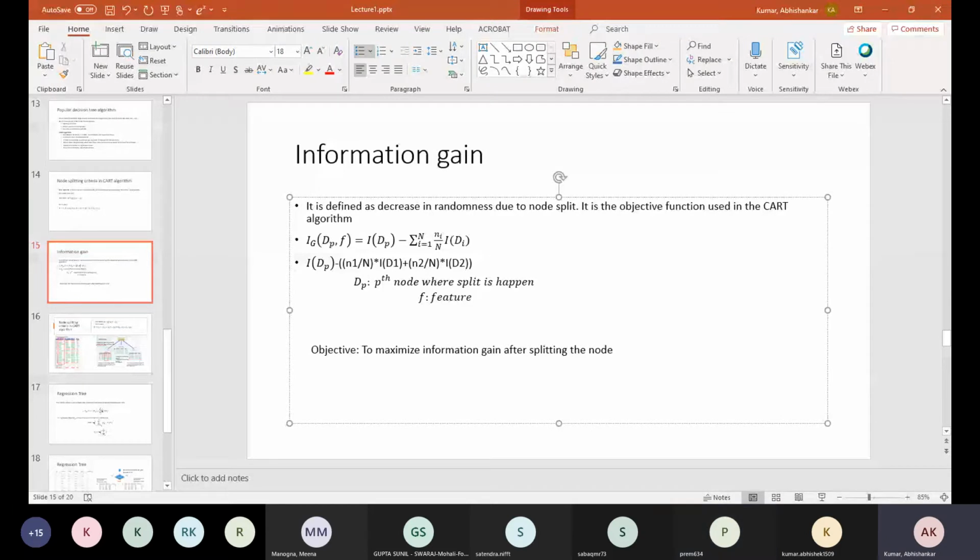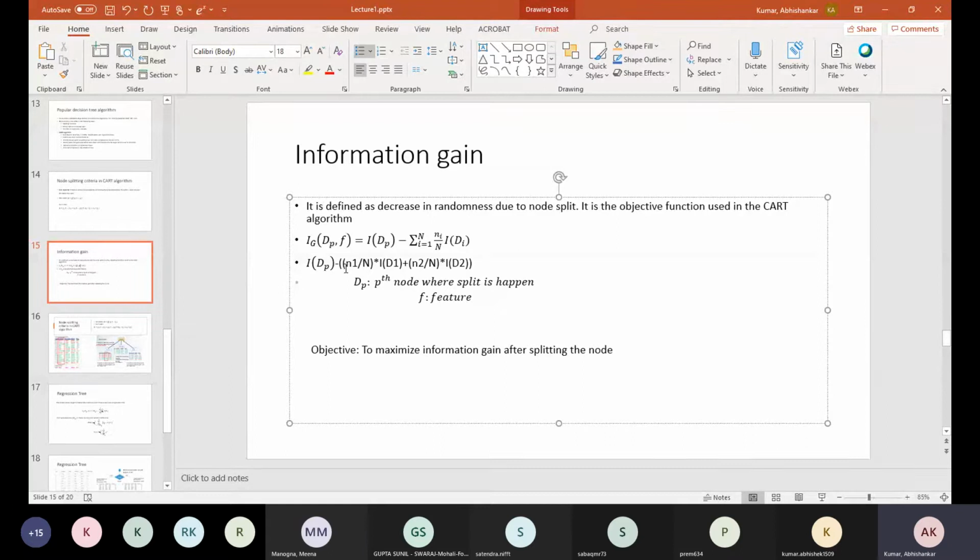So this is the formula for when you split into two child nodes. n1 is the data present at node d1, n2 is the data present at node d2, and N is the total data. Understood?